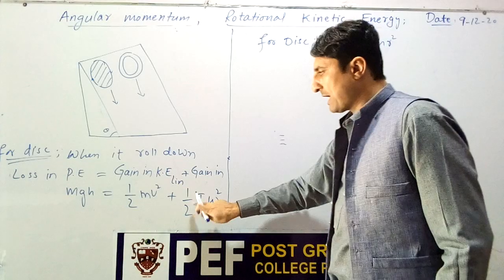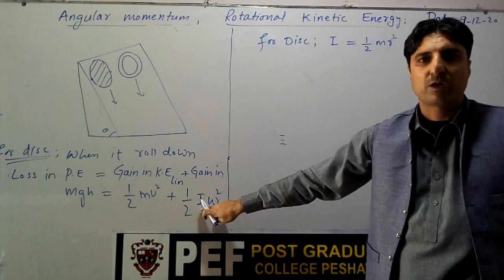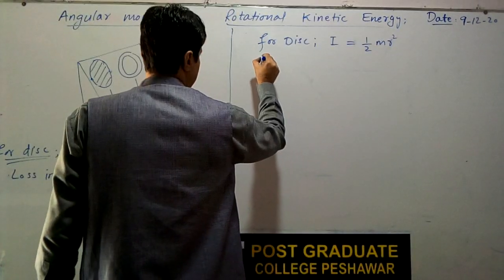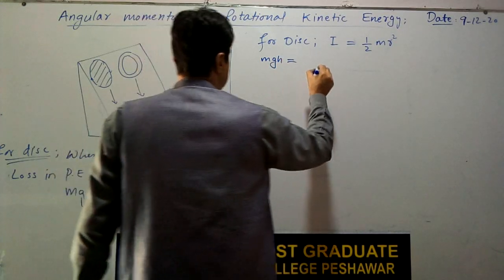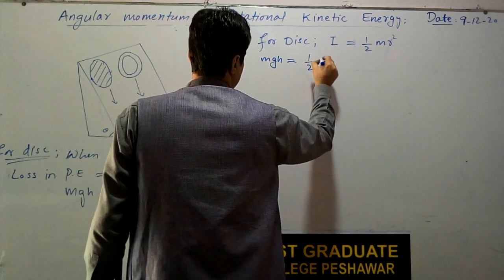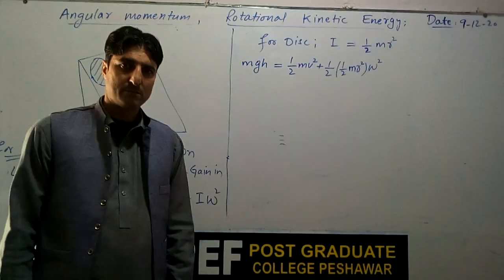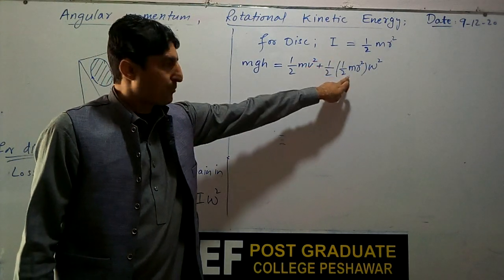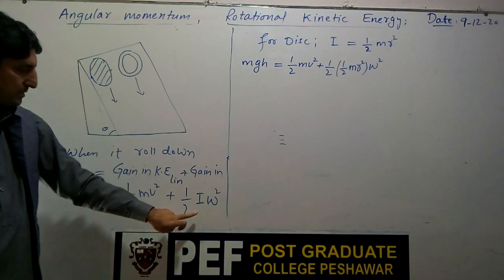So instead of I in this equation, you can put the value of I, which is 1 divided by 2 mr square. So we get mgh, one divided by 2 mv square plus, okay, so instead of I we put 1 divided by 2 or half mr square in this equation.